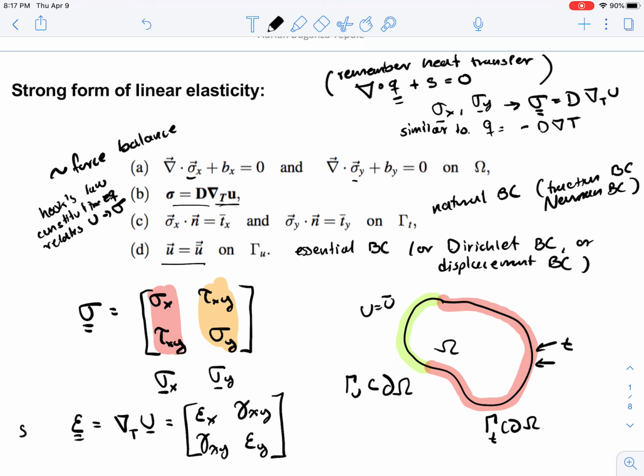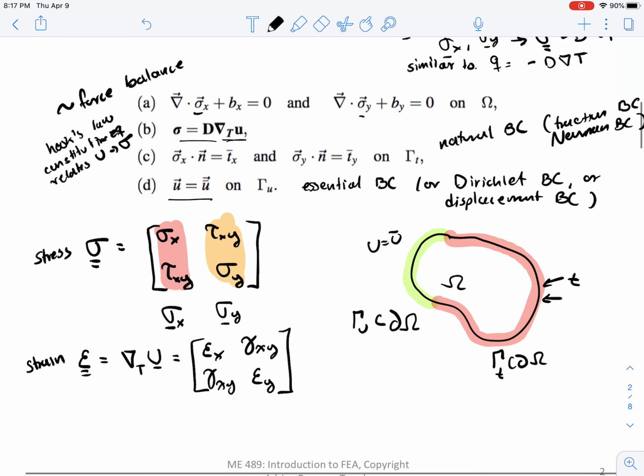We have the normal strains, epsilon x and epsilon y, and then the shear strain. And then this matrix D right here, that one has the material properties.